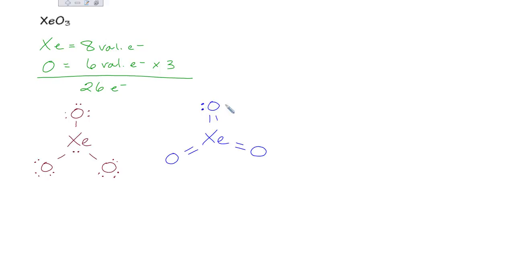The oxygen must have an octet, so we'll give him his octet. Right now, xenon's got 2, 4, 6, 8, 10, 12, but I've only used 24 electrons. So the last 2 just get dumped on the xenon again. Cool, it's acceptable because xenon has d orbitals.